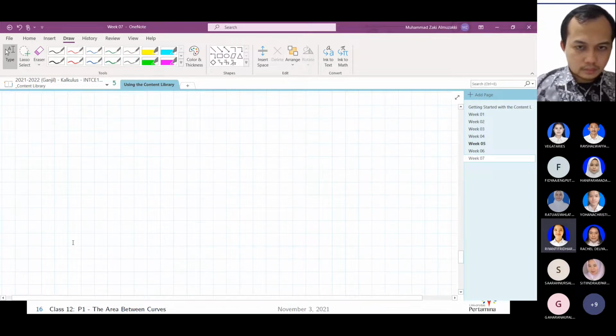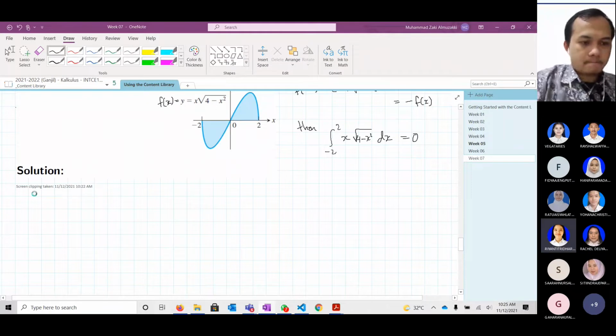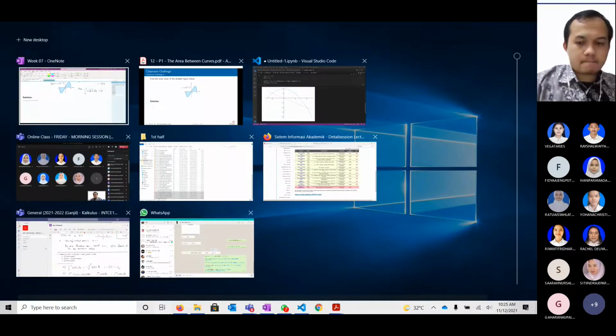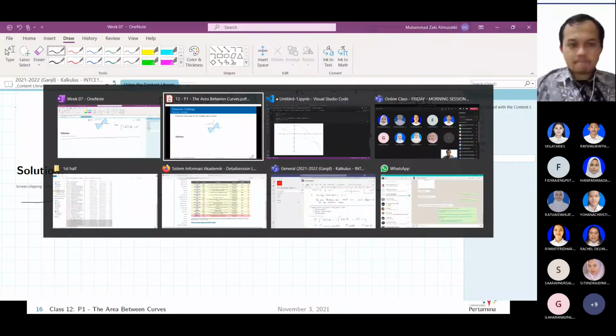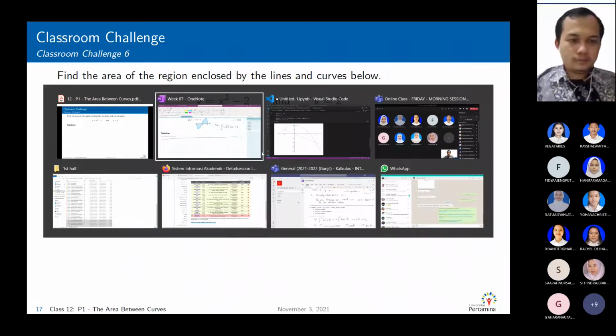No, sir. Find the area of the region bounded by the lines and the curve below.